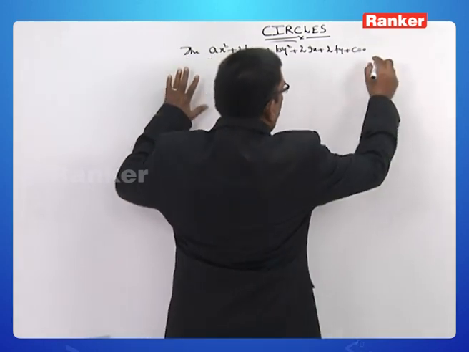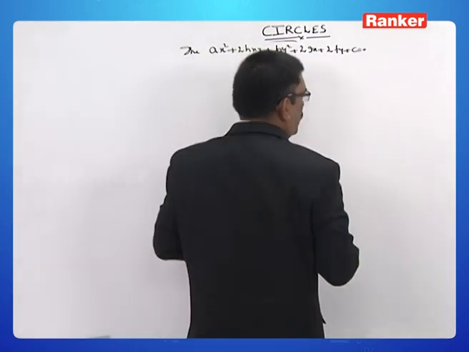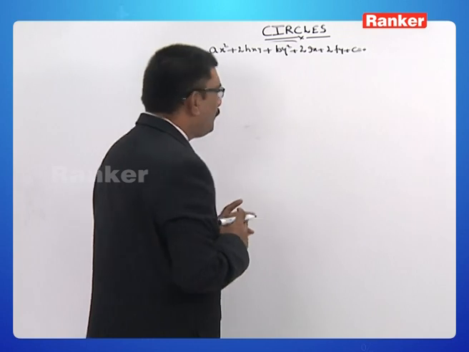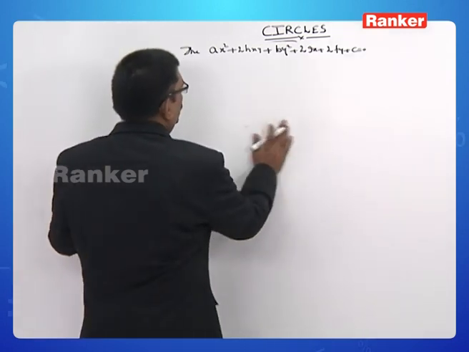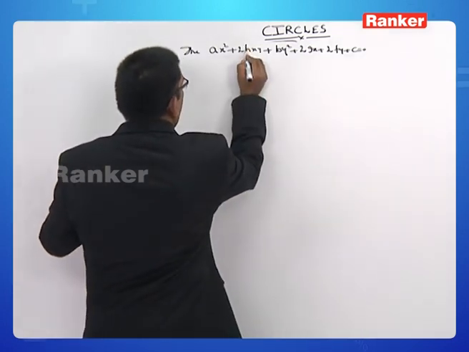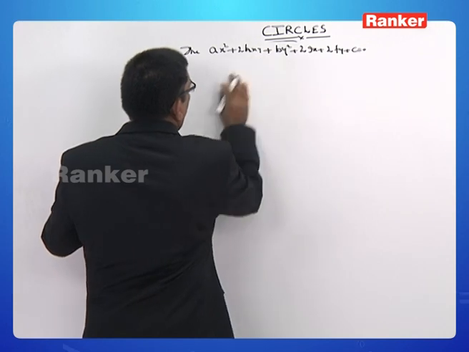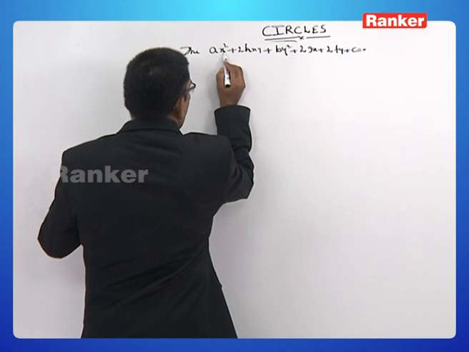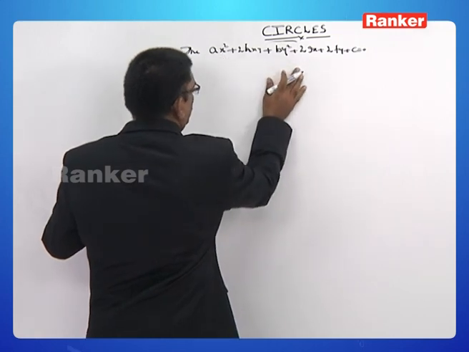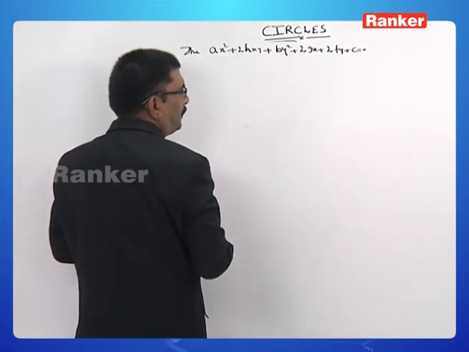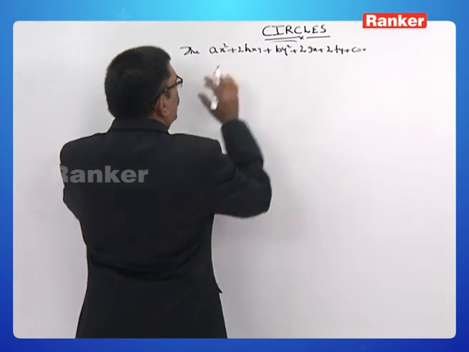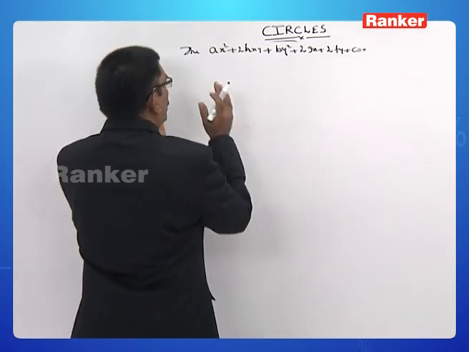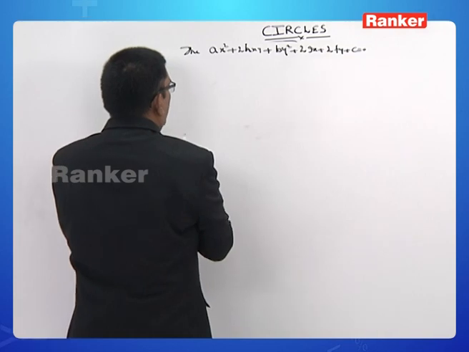This also represents an equation of a circle. We have to show that. So how to do that? We have to show that the coefficient of x square and the coefficient of y square must be equal.